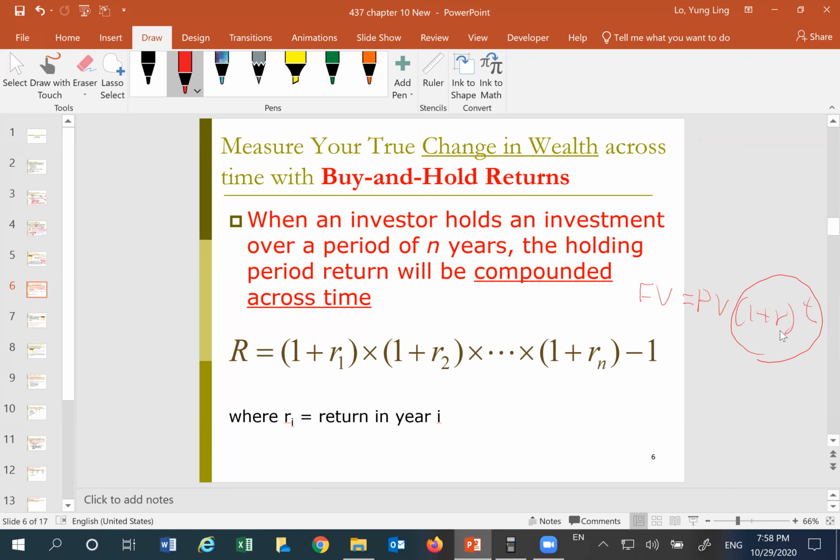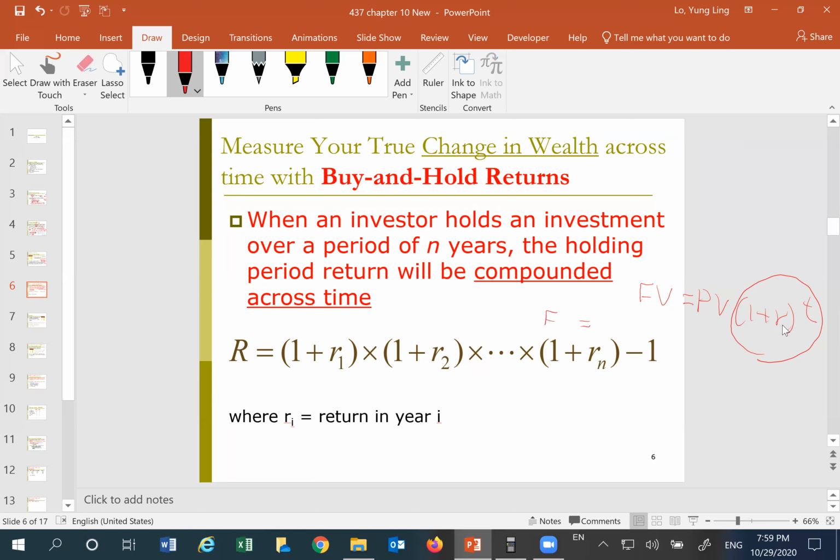If your R1 equals R2 equals R3, in that case, we can simply compound them across the multiple periods by using (1 plus r) to the power of t. But in reality, if your R1 is not equal to your R2, is not equal to your R3, then you actually have to spell out the equation this way.